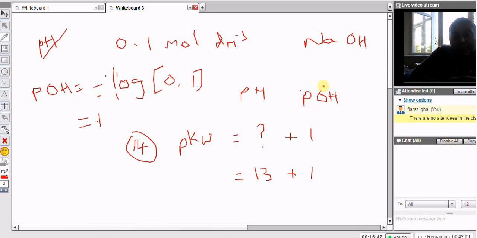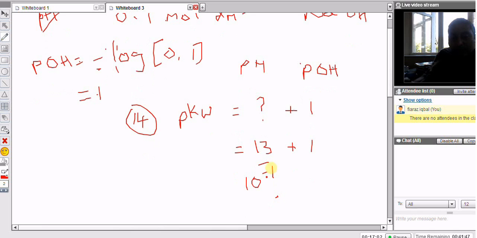Yeah. And just to go into a little bit more detail, I then know the concentration of hydrogen ions is 1 times 10 to the minus 13, and you expect very, very low concentrations of hydrogen ions. Okay, so we've had a look at pH, the ionic product of water, how I mess about with it in my head.